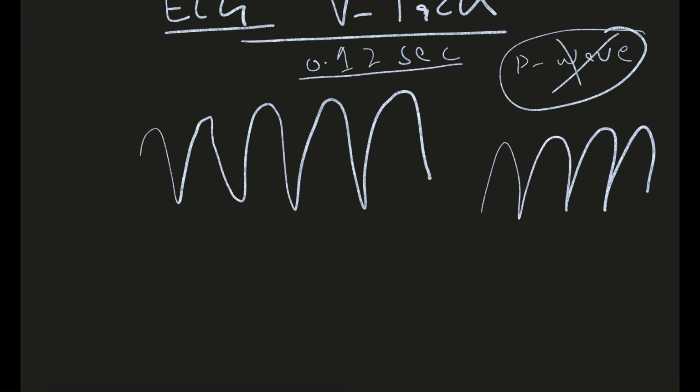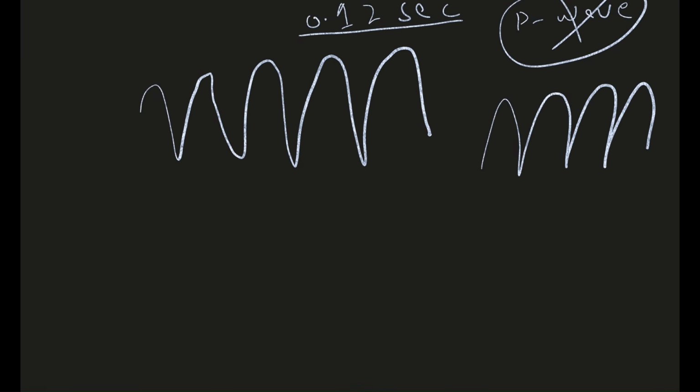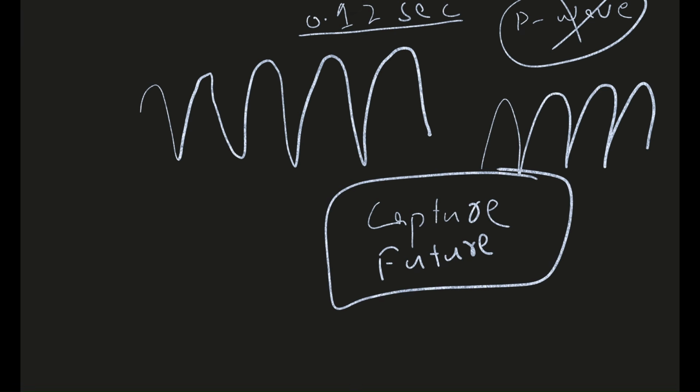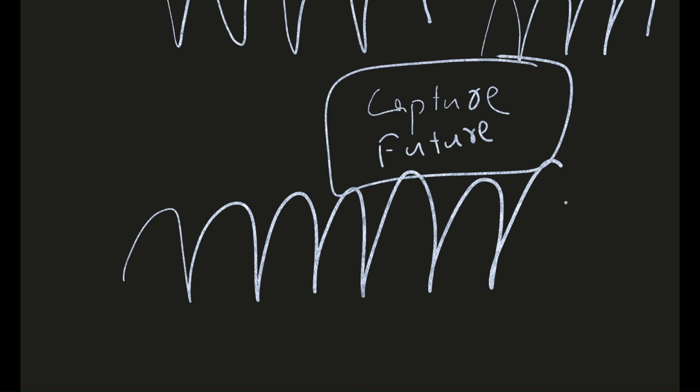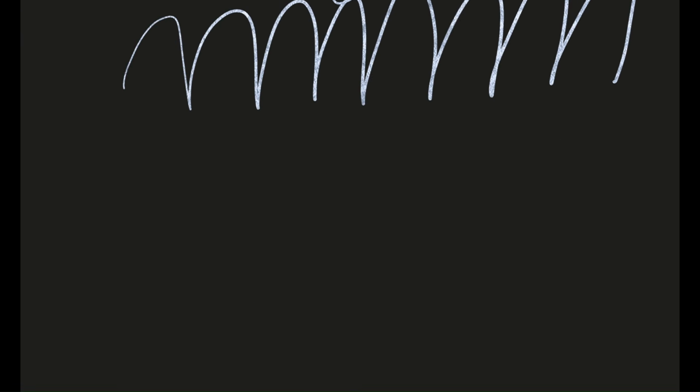However, there could be a variation. Sometimes the capture beats or fusion beats can portray in between these complexes like an abnormal bizarre complex. However, most of the time the pattern will stay the same like this sawtooth, but bigger sawtooth and wider.